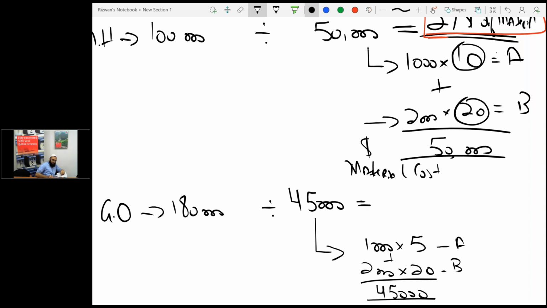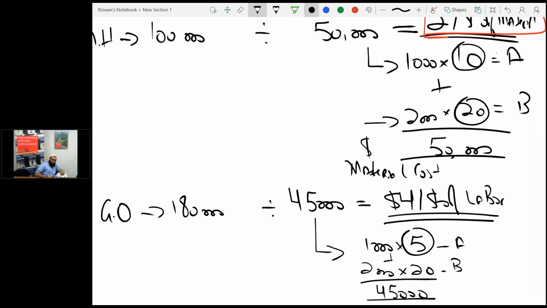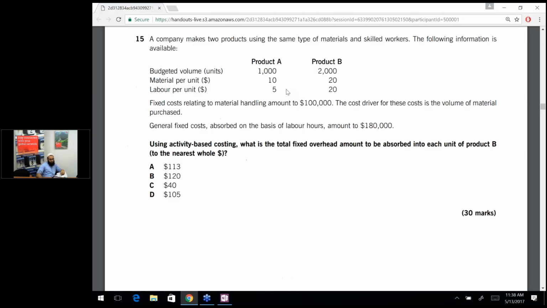So what is the OAR? $4 per dollar of labor. You can easily find these two in the question given here. Got it, guys? All okay?